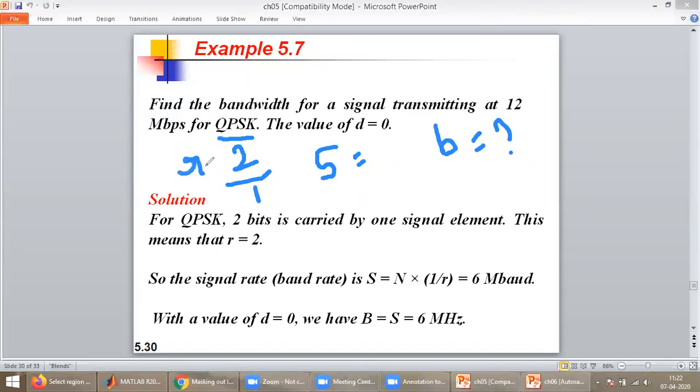Therefore, the R value is 2 divided by 1, so equal to 2.